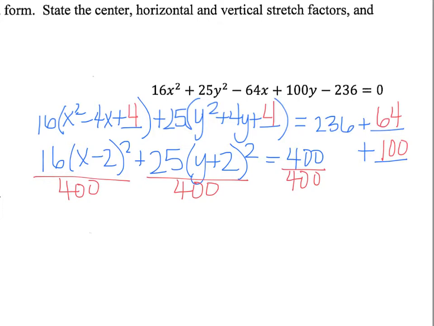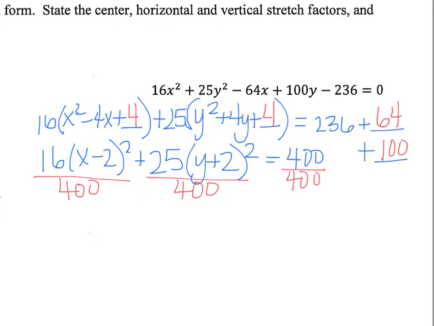then my equation will reduce. We have to take 400 and divide it by 16. It's not normal fraction reduction. 400 divided by 16, that's going to be 25. And 400 has to be divided by 25, that's 16. Then the 400 divided by 400 will make 1.